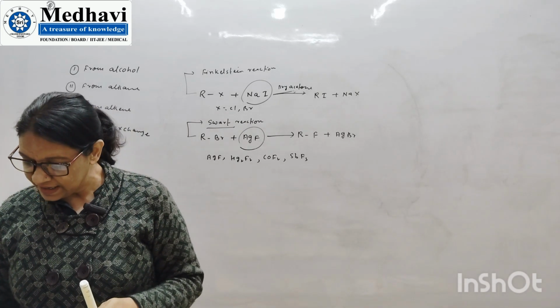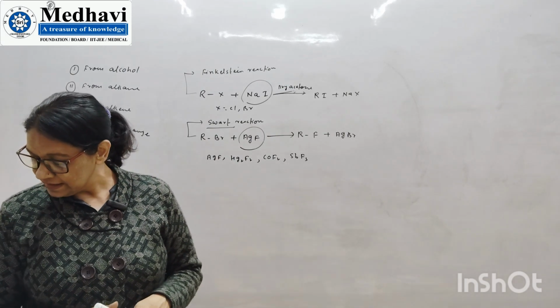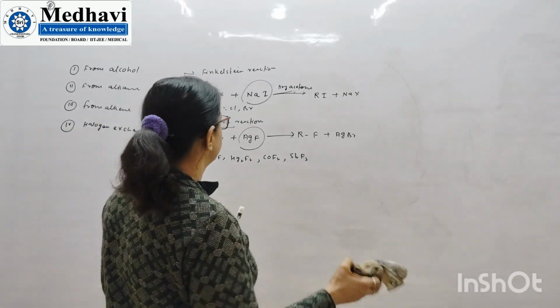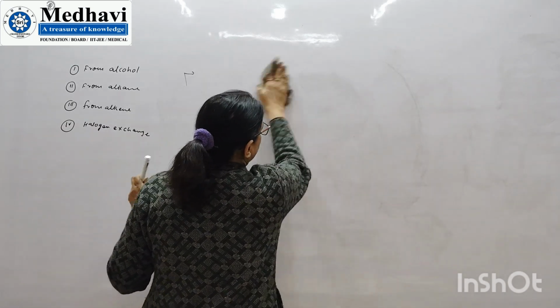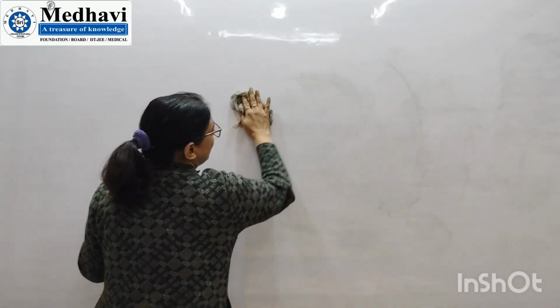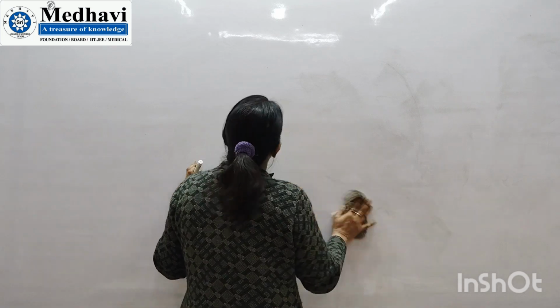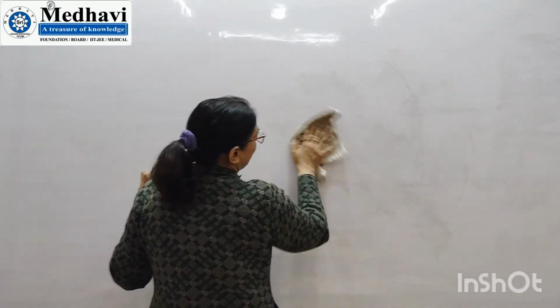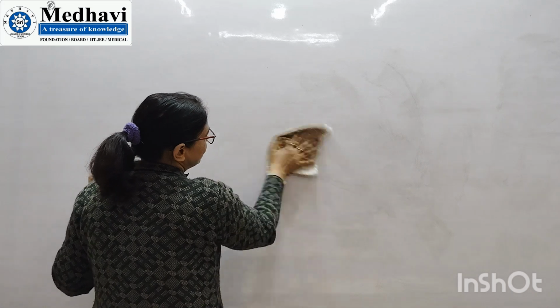After that, one more reaction is left, that is for the preparation of aromatic haloalkane. This is aliphatic. And for aromatic haloalkane, two important methods are given: electrophilic substitution and Sandmeyer reaction. Sandmeyer reaction is a very, very important, very popular reaction, where diazonium salt is going to be used.